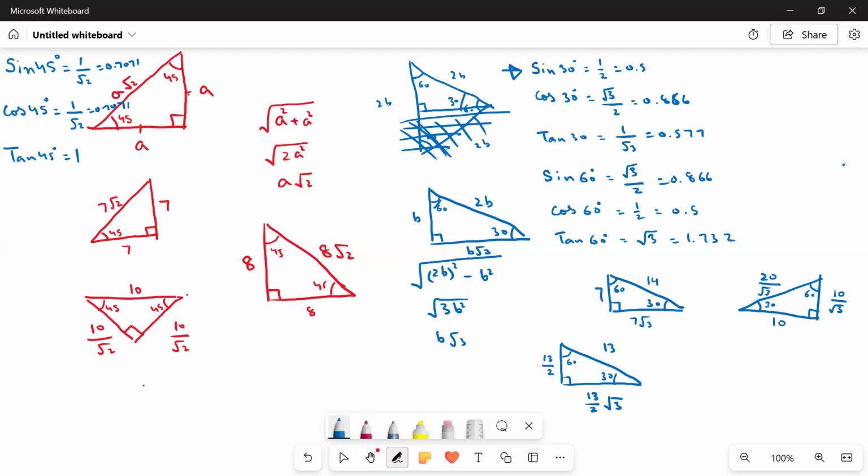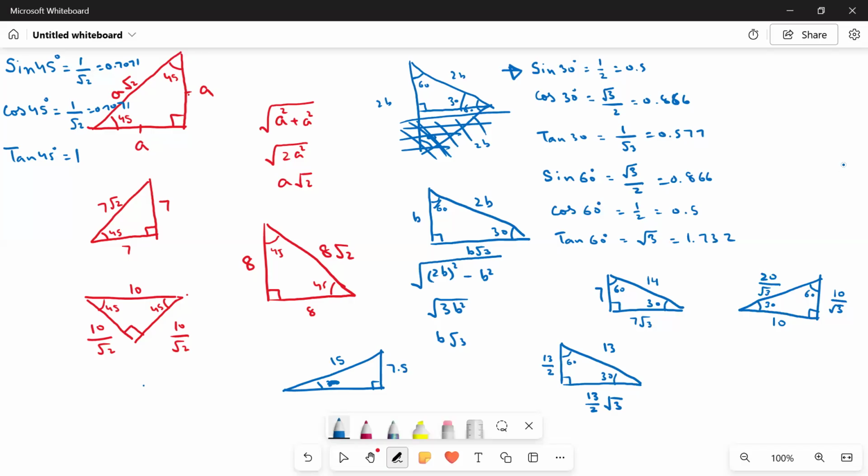Okay, what else? Similarly, if you come across a triangle in your life where you know this is 90, and let's say you don't know the angle. You know that this is 15 and this is 7.5.